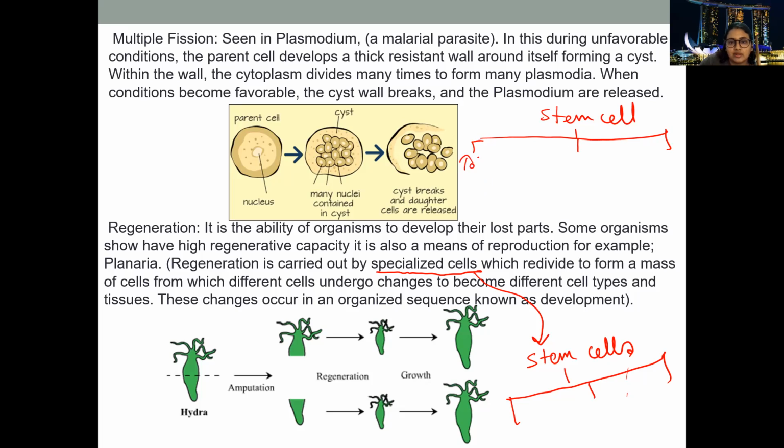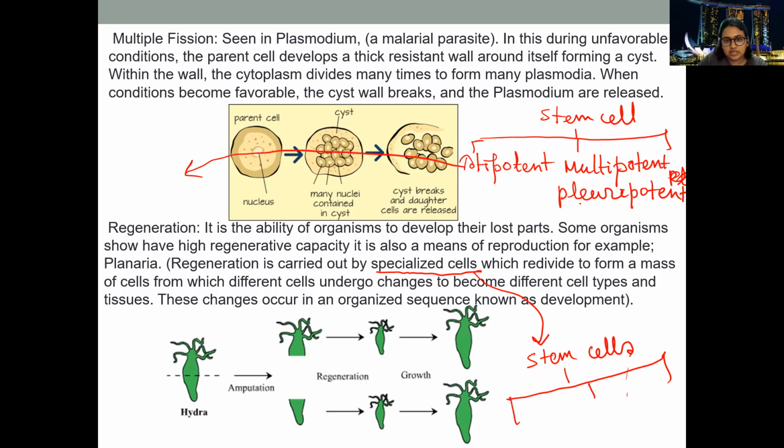Totipotent cells, I think. Yes, so there are three types of stem cells: totipotent, multipotent, and the third one is pluripotent. What is the difference between these three kinds of stem cells?